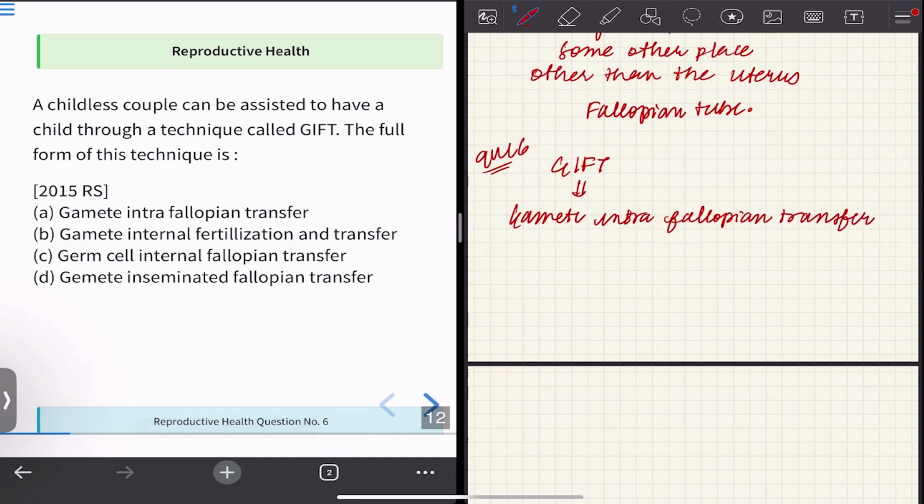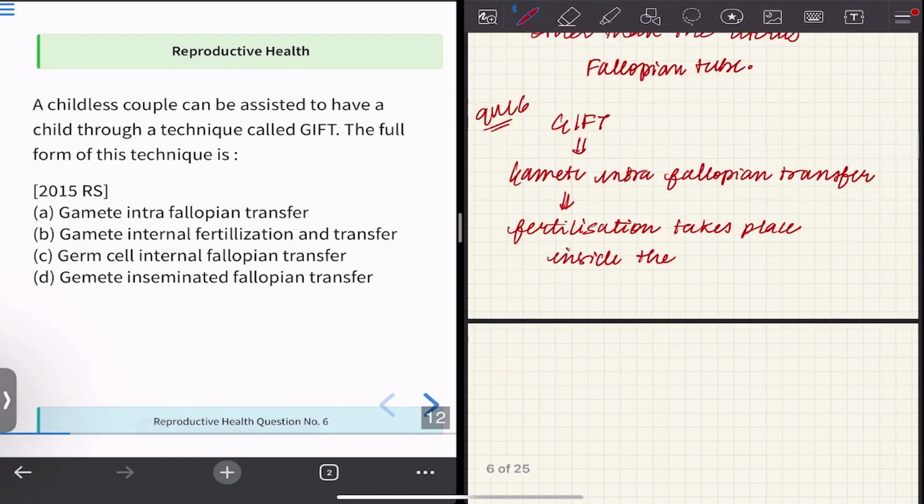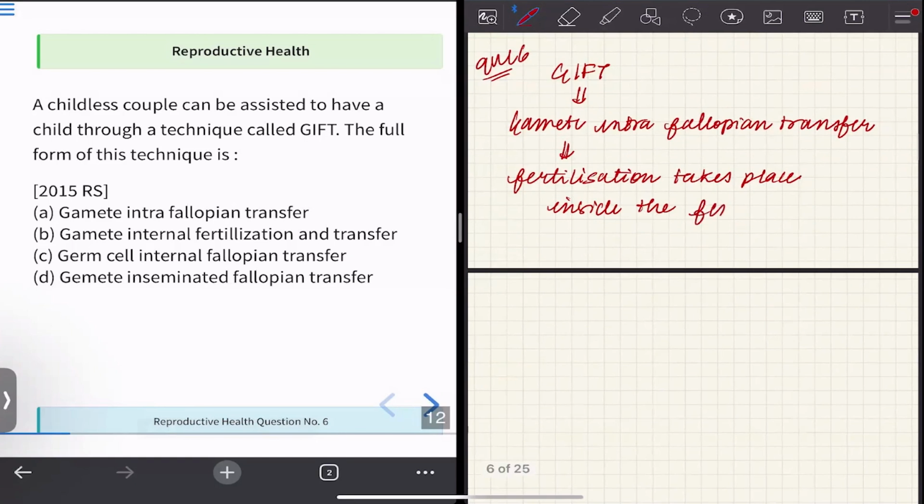In this process, the gametes are transferred into the fallopian tube of the woman who wants to conceive, and the fertilization takes place inside the female body, in the fallopian tube. So it is an example of in vivo fertilization.